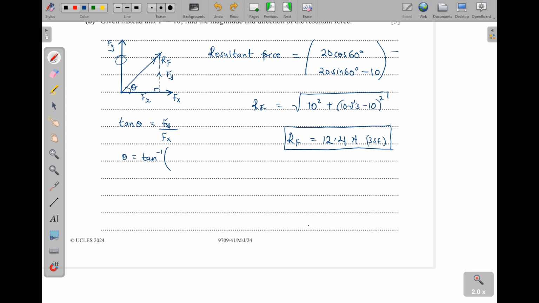For x, we resolved horizontally, okay? That is our Fx. Then for y, we resolved vertically. That is our Fy. So Fx here is 10. I mean Fy is 10 root 3 minus 10 out of 10.